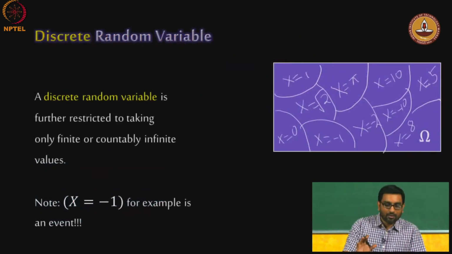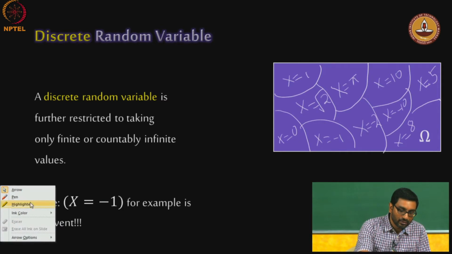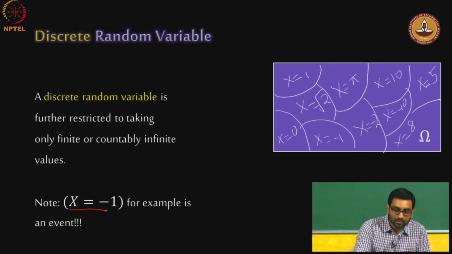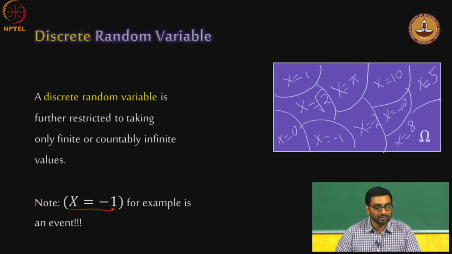Back to our notion of random variable, it is important to realize one thing. When you take a random variable X and think of it as having a value, say in this case X equal to -1, immediately what you are thinking of is an event. Why?